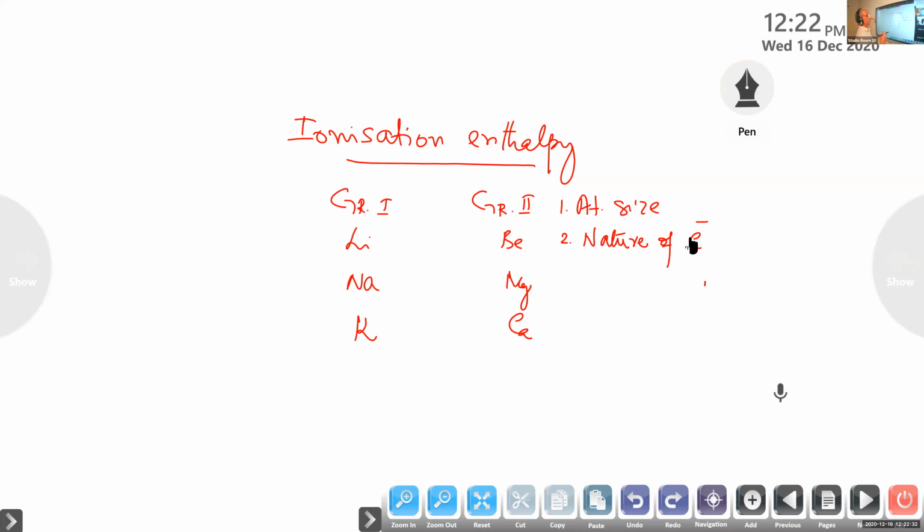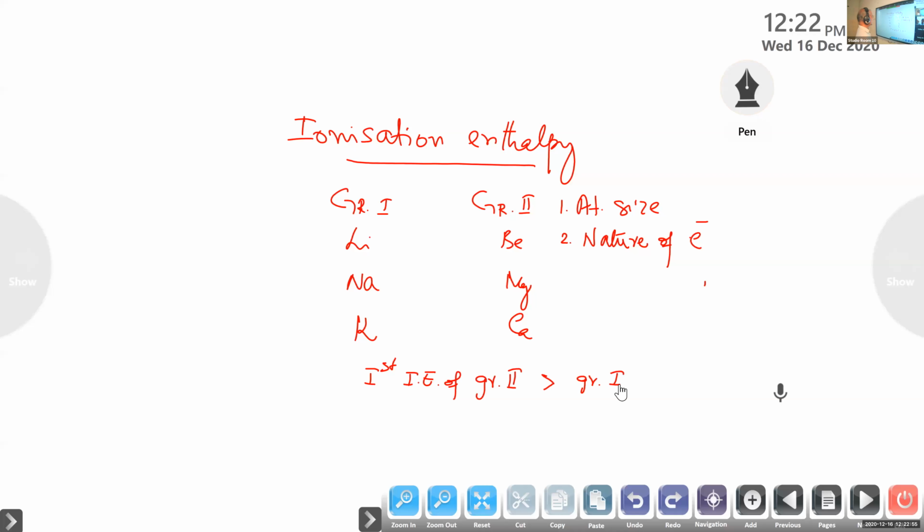So the first ionization enthalpy of group 2 elements will be greater than that of the group 1 elements.